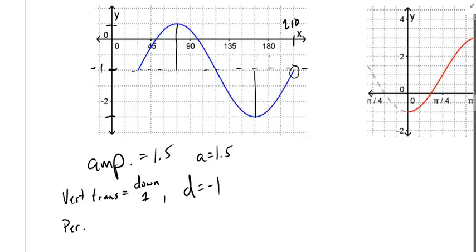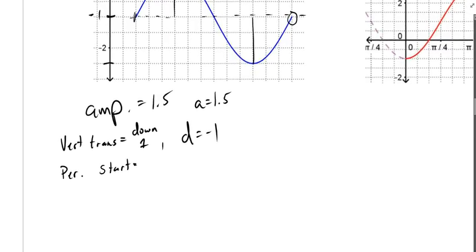So it ends at 210, starts at 30. You don't have to write it down this way, but we're just kind of outlining. It starts at 30. It stops 1 full cycle at 210. So the period is 210 minus 30, which is 180.